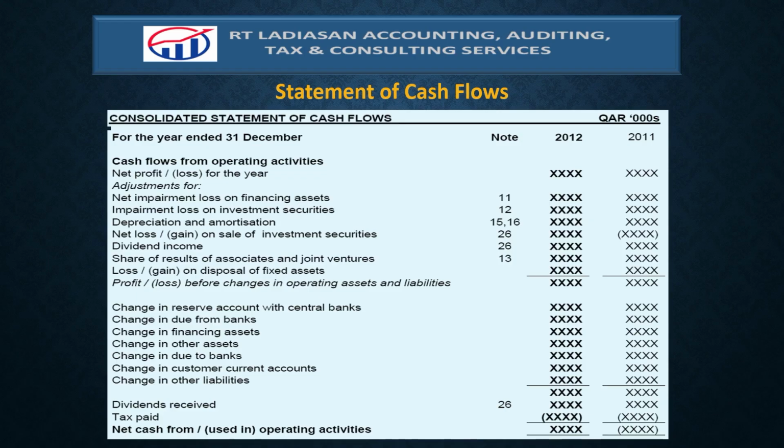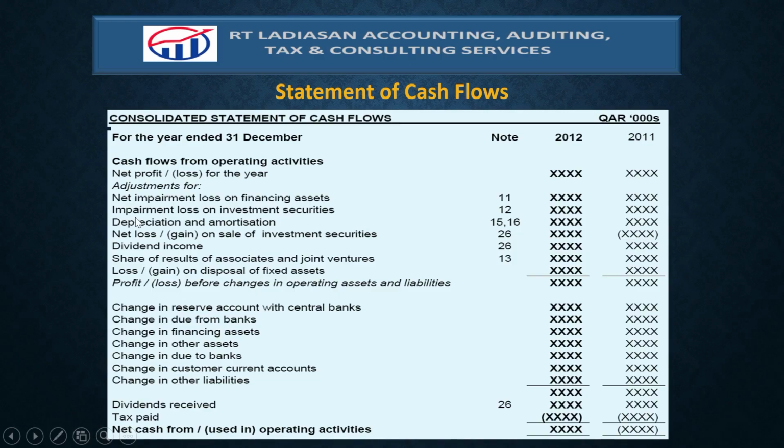What we are presenting here is the statement of cash flows using the indirect method, where it starts from the net profit or loss for the year insofar as presenting the cash flows from operating activities. Then the adjustments normally refer to the non-cash items.